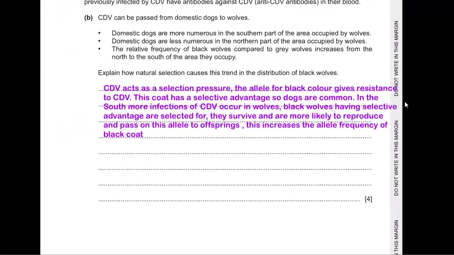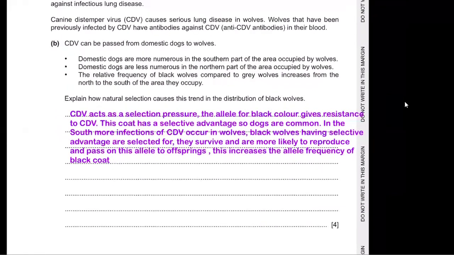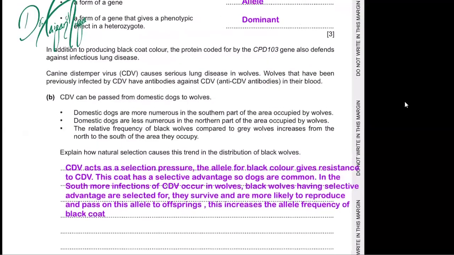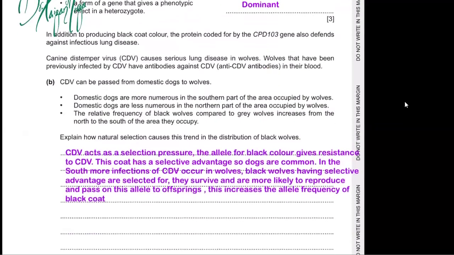Okay. Then they're saying they are canine. Other than that, in addition to producing this black coat color, the protein coded for this gene also defends against infections, lung diseases. Canine distemper virus CDV causes serious lung disease in wolves. So a wolf can get like resistance against this infection if it's having that allele.